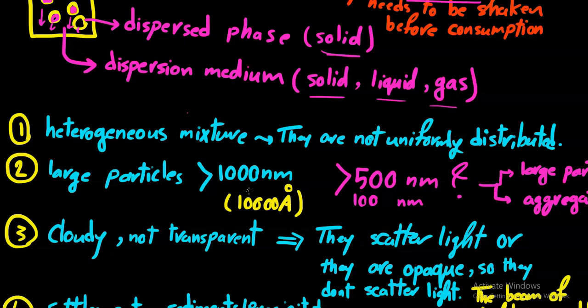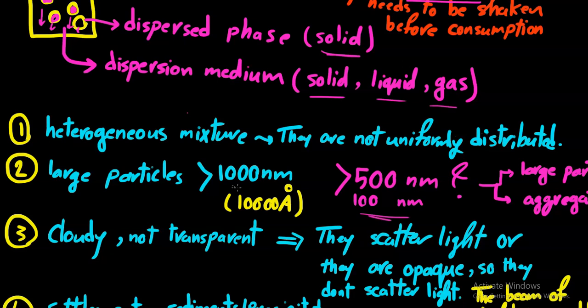Some of them say more than 1,000 nanometers, some say more than 500 nanometers, and some even say more than 100 nanometers. So please consider the reference that you need to learn the problems based on.